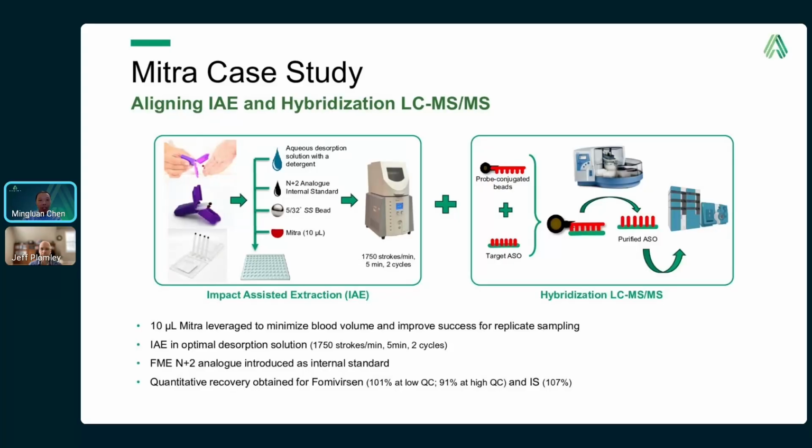During the hybridization, the extracted ASOs are captured using a full-length complementary probe, washed to remove the matrix components, and then eluted for LC-MS analysis. This integrated workflow ensures the quantitative recovery of both Formiversen and the internal standard across low and high QC levels, while mitigating potential hematocrit and age-related extraction bias.